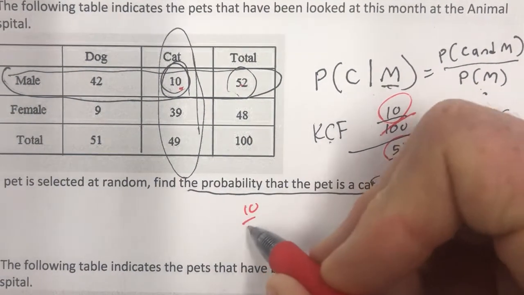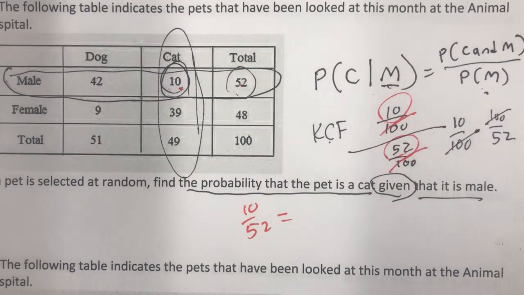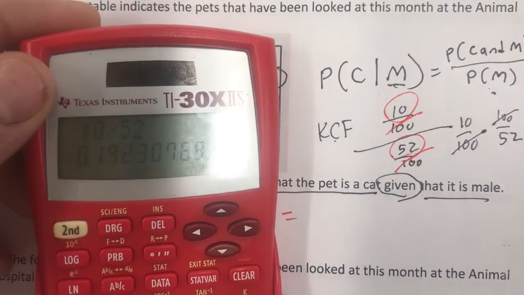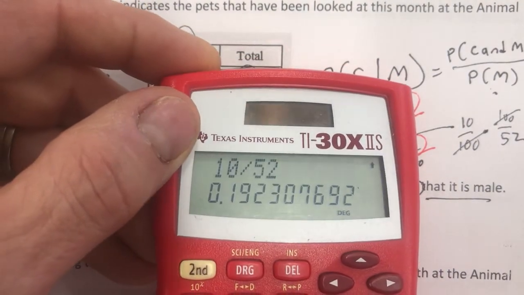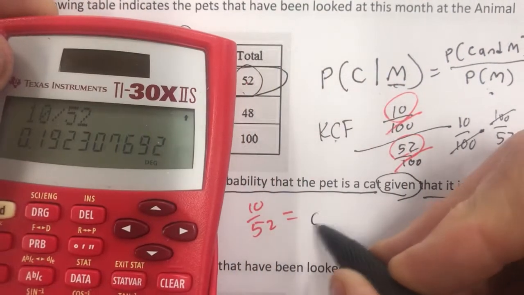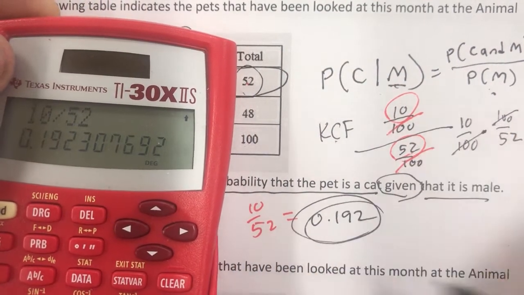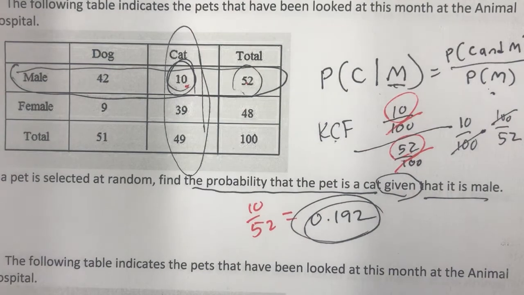And so 10 divided by 52 is going to be, all right, let me see here. 10 divided by 52 is right there. Can you see it? 0.192. And that's the probability that the pet is a cat, given that it's a male.